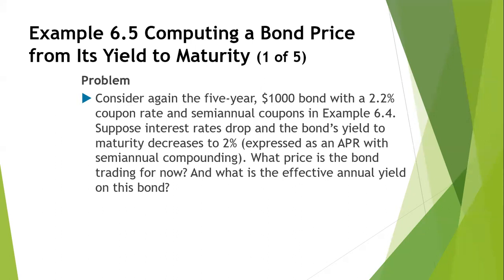Suppose interest rates drop and the bond's yield to maturity decreases to 2%, expressed as an APR with semi-annual compounding. What price is the bond trading for now? And what is the effective annual yield on this bond?